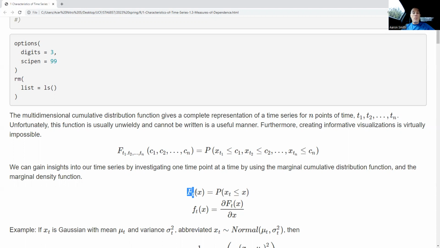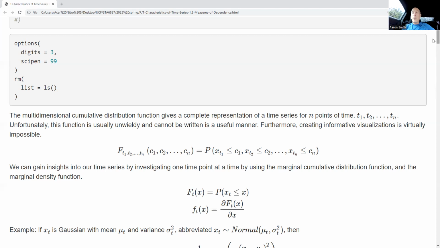We'll call this capital F sub t as the function. And very naturally, if I take the derivative, assuming that it exists, it doesn't have to, we can get our density function very nicely.